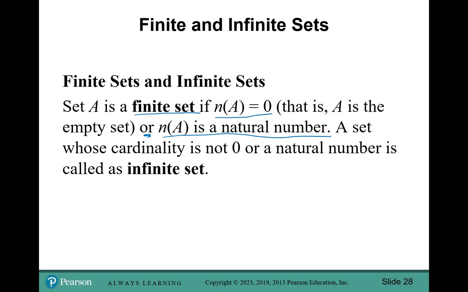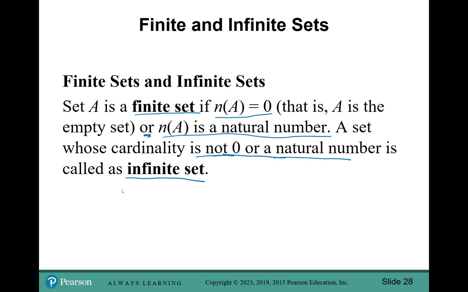A set whose cardinality is not 0 or a natural number is called an infinite set. So basically, I'll make this real simple. If you can count the number of elements in the set, it's a finite set. If you cannot count the number of elements in a set, it's an infinite set.